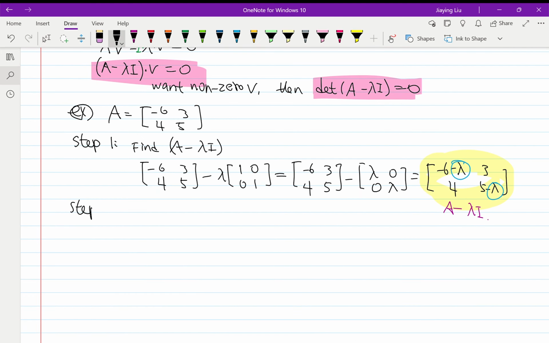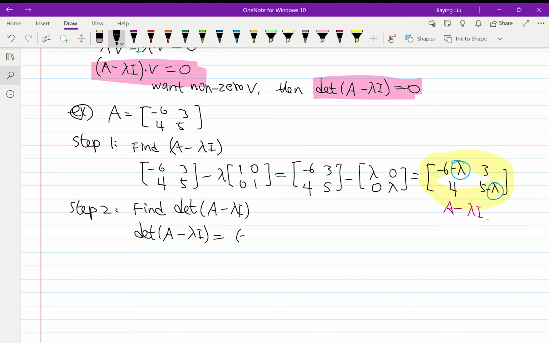Step 2, find the determinant of A minus lambda I. Now this is a 2 by 2 matrix, so we can find the determinant relatively easily using a formula. The determinant of A minus lambda I is equal to ad minus bc.